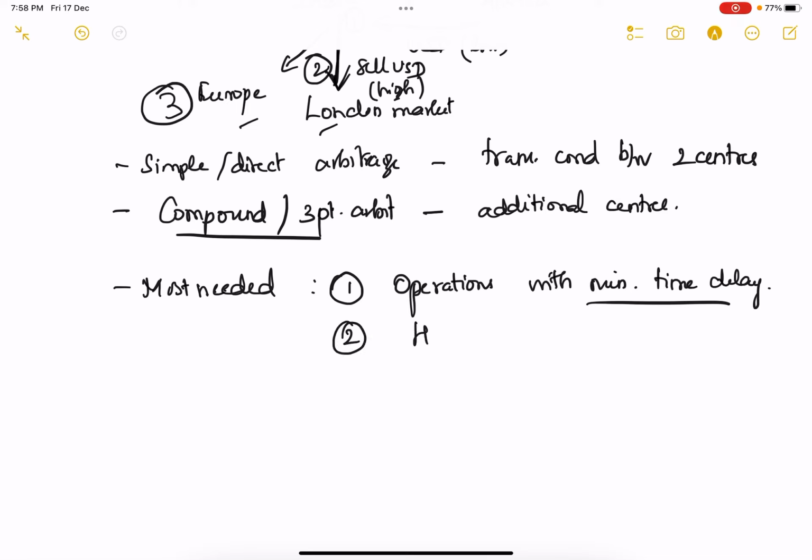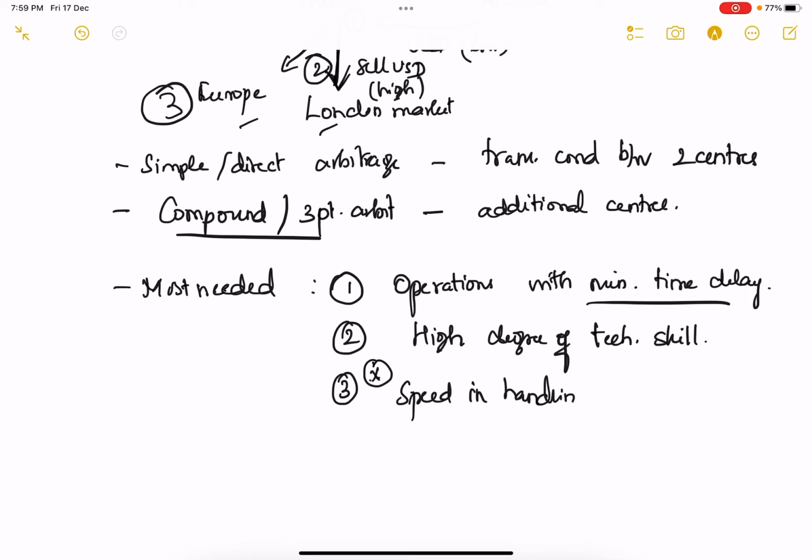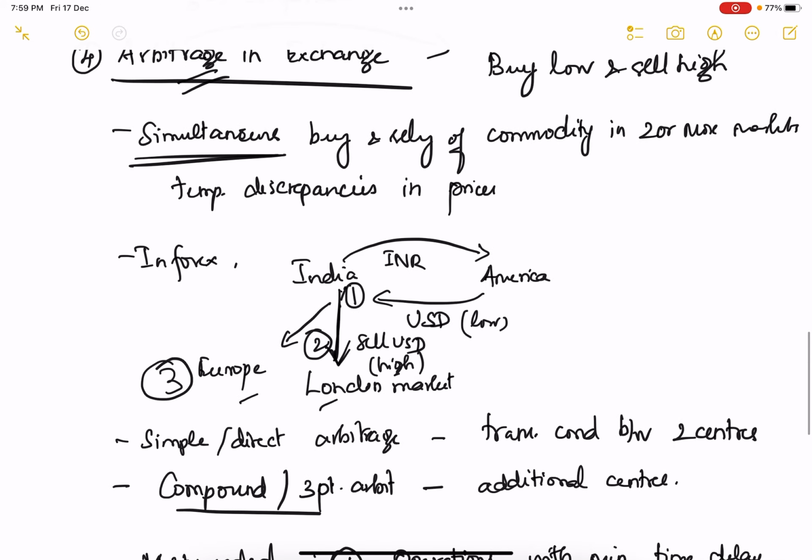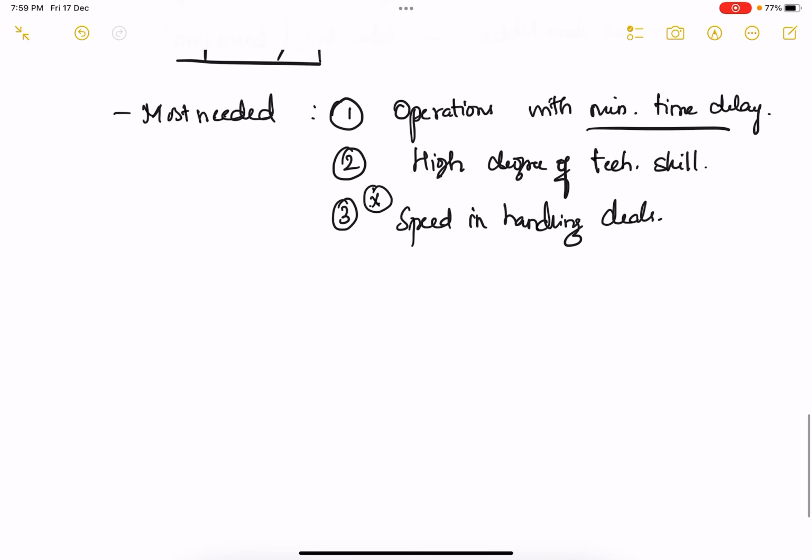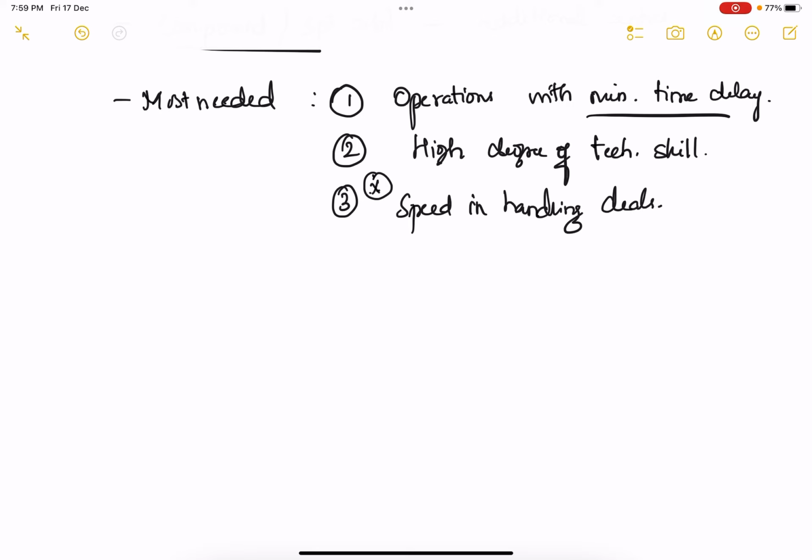The second one is high degree of technical skill. So here we involve currencies from different markets and different time zones. So only if we have the technical skill to perform the exchange of currencies with high speed will this arbitrage be a benefit to us. The third and the foremost aspect is speed in handling deals. So arbitrage, obviously, is the simultaneous buying and selling of a commodity. So speed in handling deals is the most important condition.